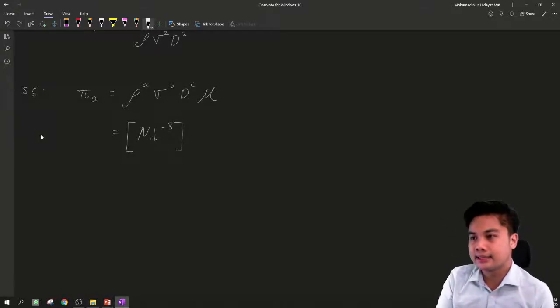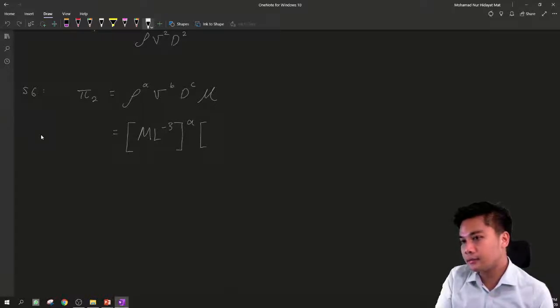It will be like this, the power of A, and then V here is L T^-1, this is B, and then this is D, L, which is C. And mu here is M L^-1 T^-1.